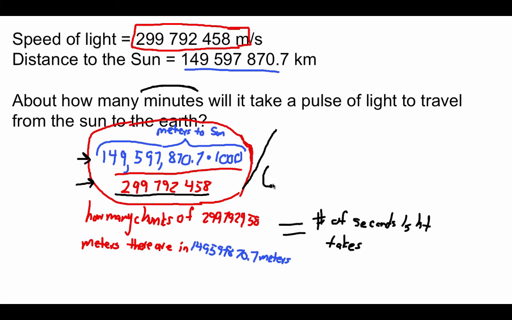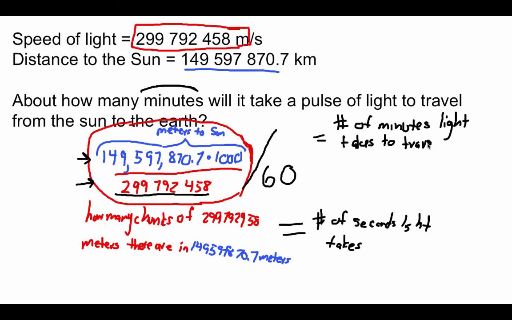And now this is the number of minutes light takes to travel from sun to earth. This entire thing. The blue quantity divided by the red quantity, and all of that divided by the black quantity.